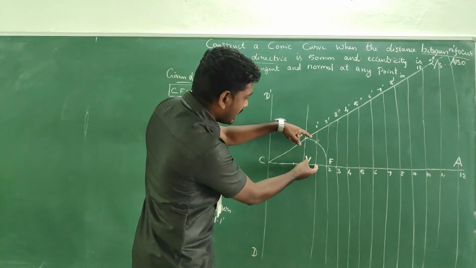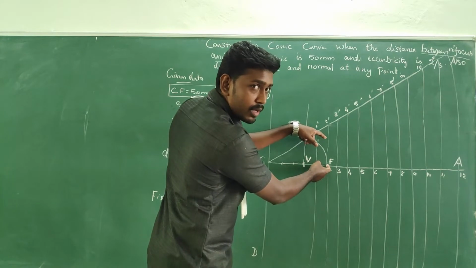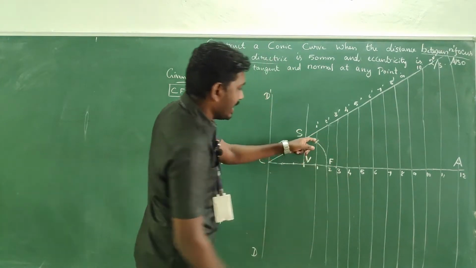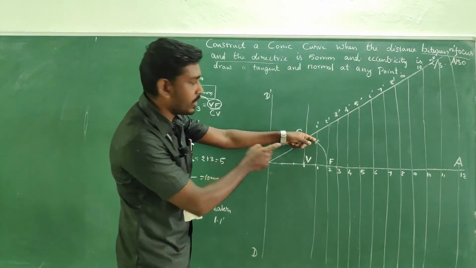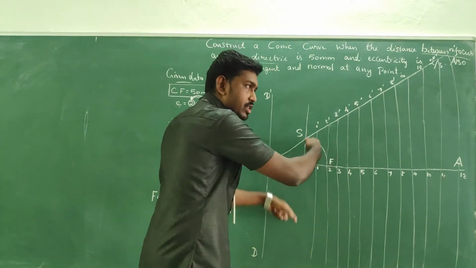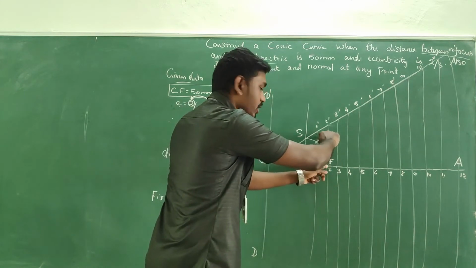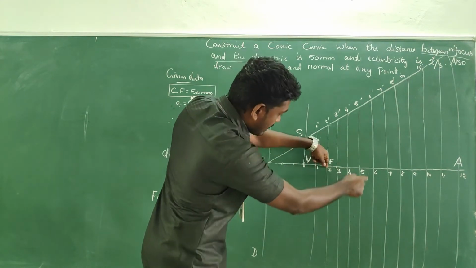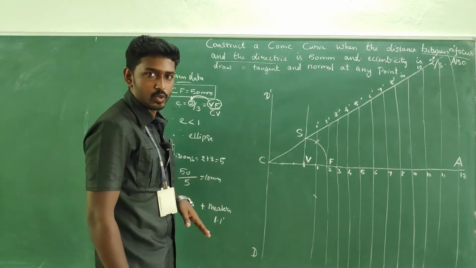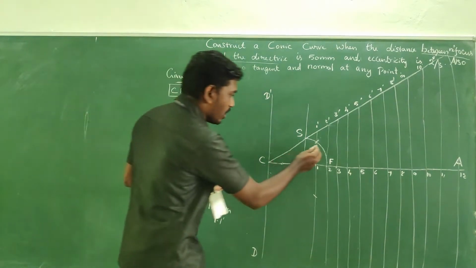Measure the line 1 to 1 dash, keep it at the point F, and make a cut mark on the respective line. That is the first point. With the same setting, return to the lower position and make a cut mark. Here we have given a cut in the lower portion too. And the first point we got it right.